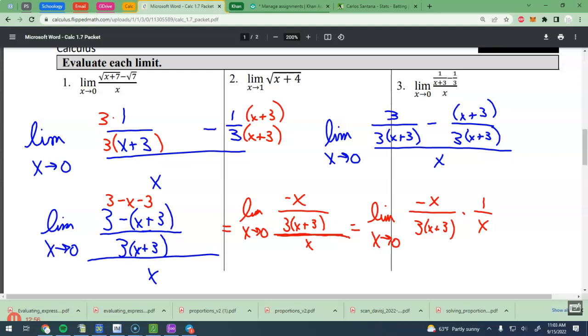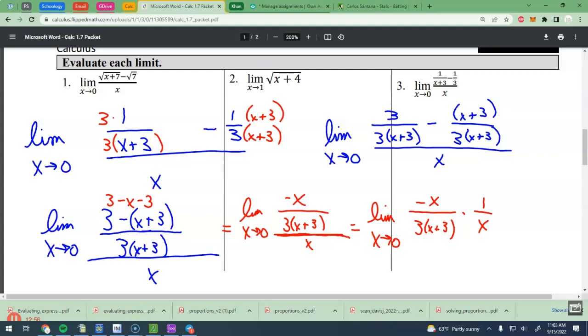The more you do, you'll start simplifying and shortening these. I just don't want to skip steps and lose it. So common denominator. Then I wrote out what that was. Then I combined them, subtracted the 2 fractions to get here. Then I simplified the top. And then instead of dividing by x, I multiply by 1 over x.